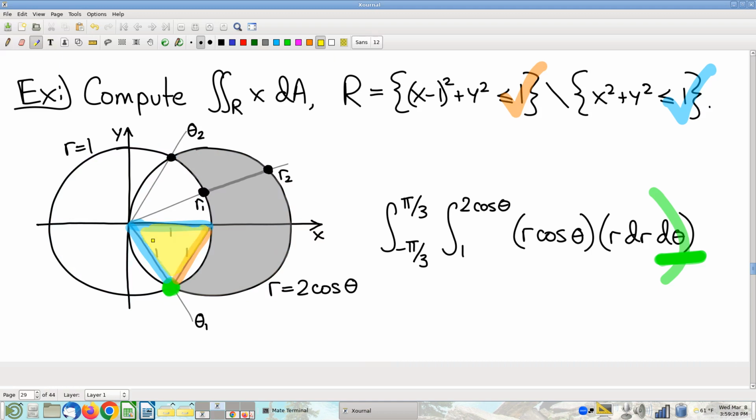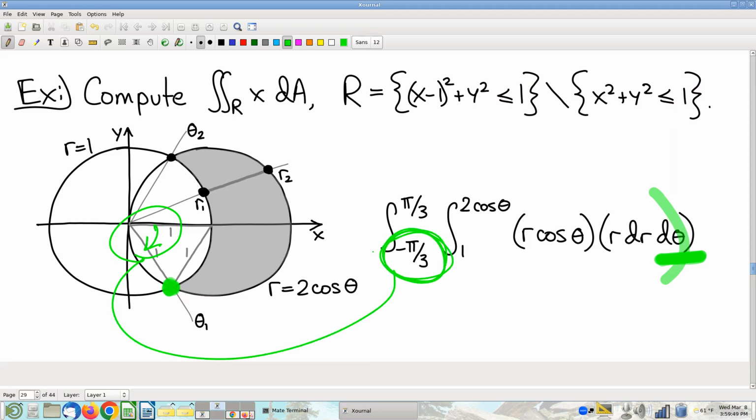That makes this, what do they call it, an equilateral triangle. Y'all have studied equilateral triangles. You know that angle is pi over 3. And with that in mind, and remembering that what we're looking for is a value of theta measured off of the positive part of the x-axis, we see that this value of theta is negative pi over 3.